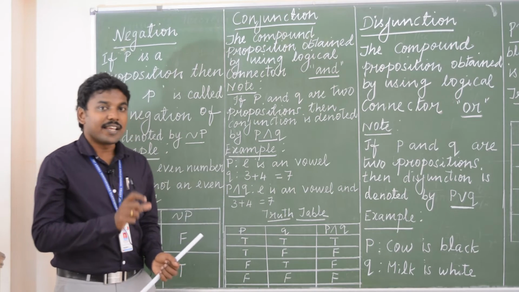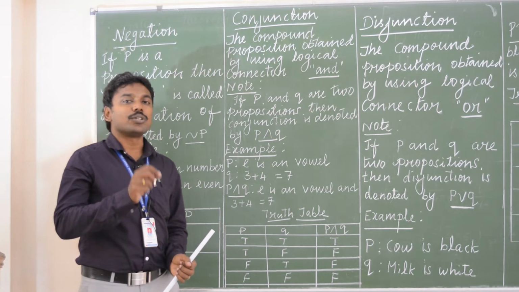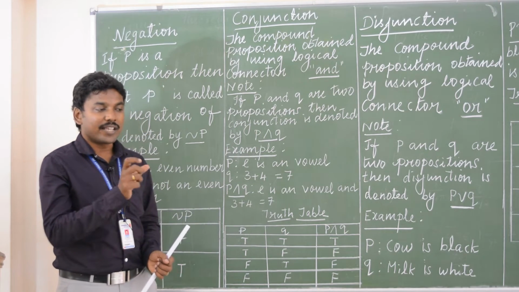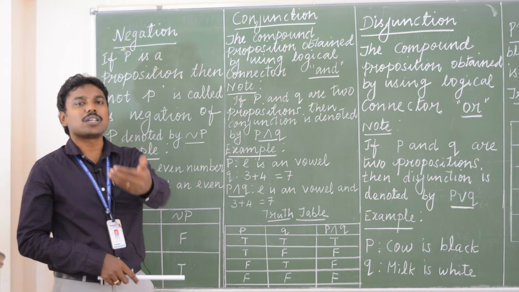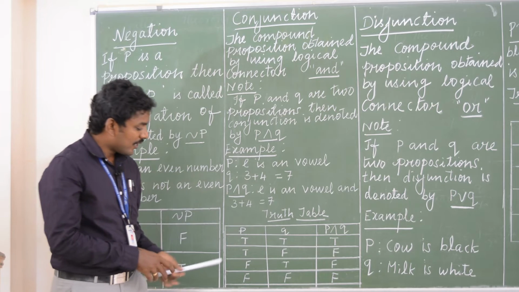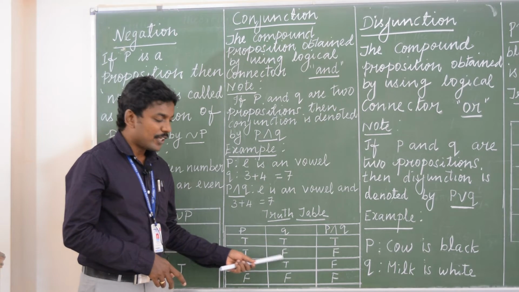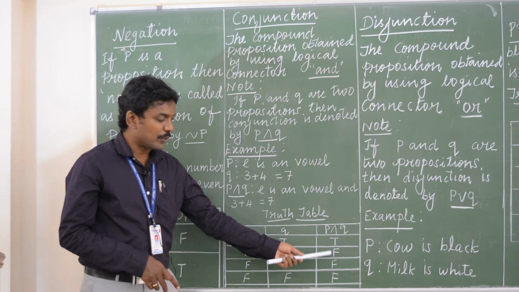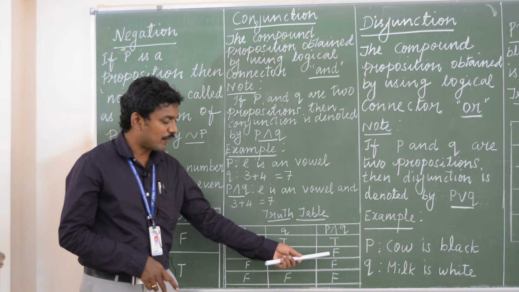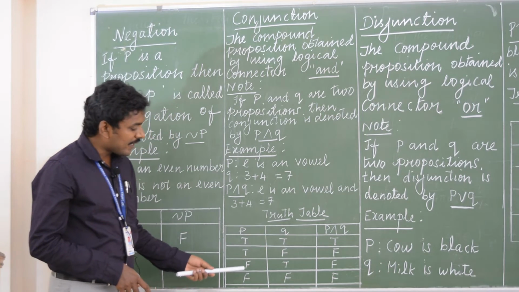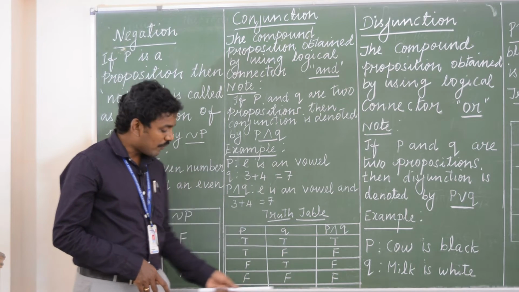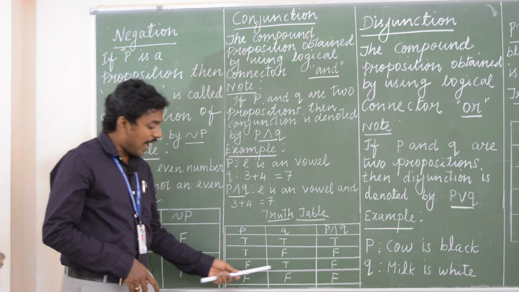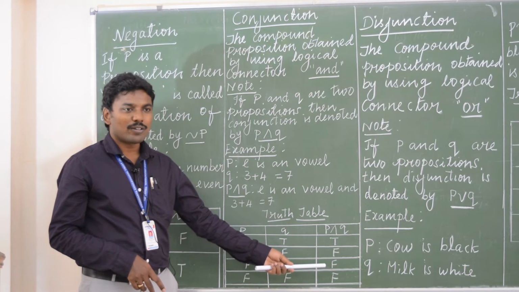The sentence is A and B should come to staff room. AND binds both A and B. Both of them should come to staff room. Here A comes but not B, therefore P and Q, A and B should come to staff room, is false. And again A doesn't go, B goes, again wrong. And one more, A doesn't and B doesn't, again wrong.